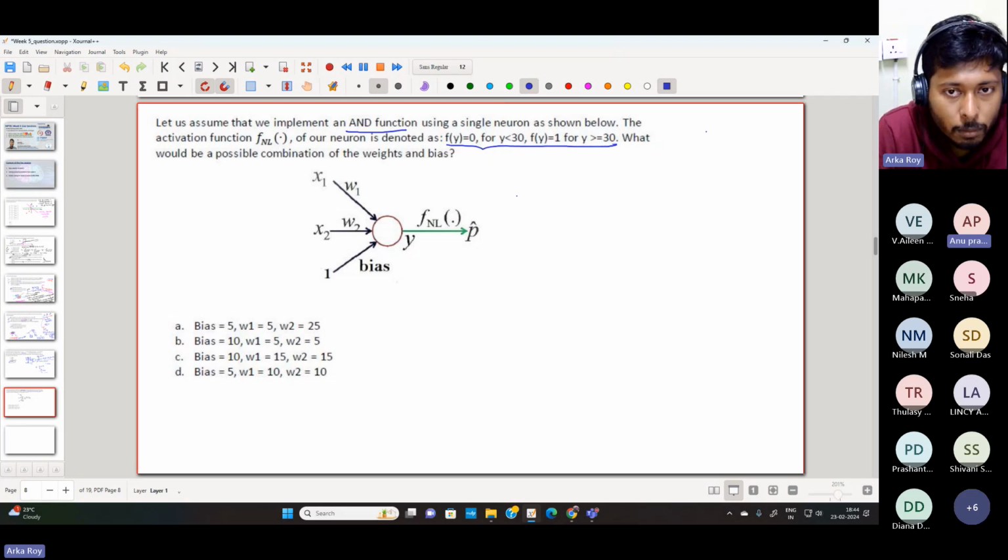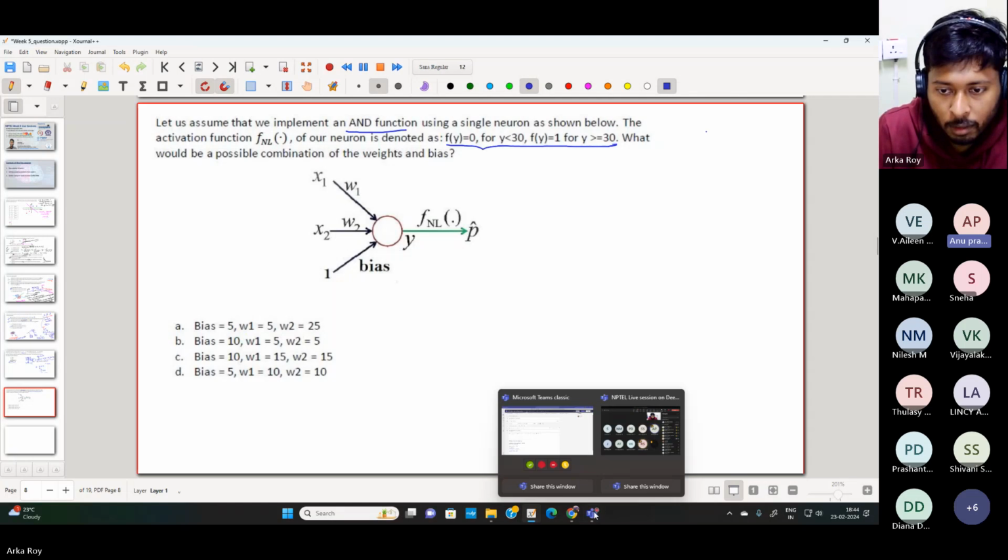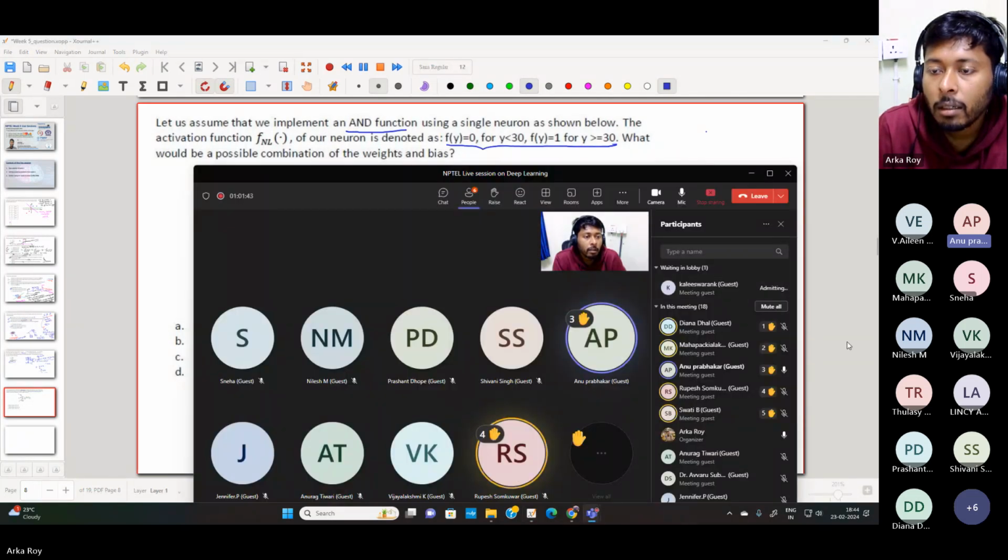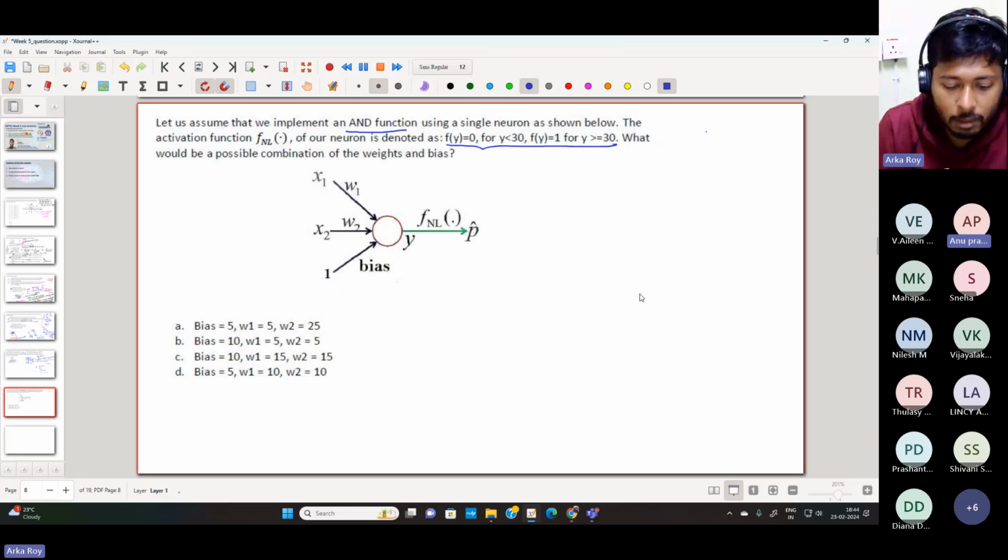Yes, the truth table combination. I think only one combination, the AND gate truth table, was working fine. The remaining choices were not coming out correct. Yes. So that is the key for this particular solution, that you need to use the truth table, and from the truth table you will get to know which of the answers is actually correct.